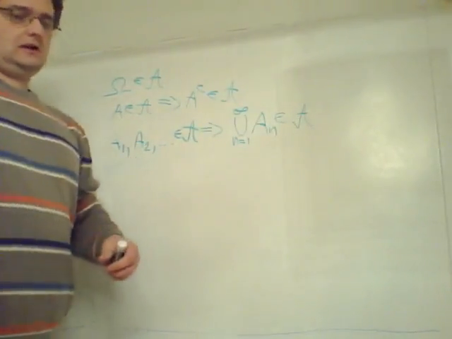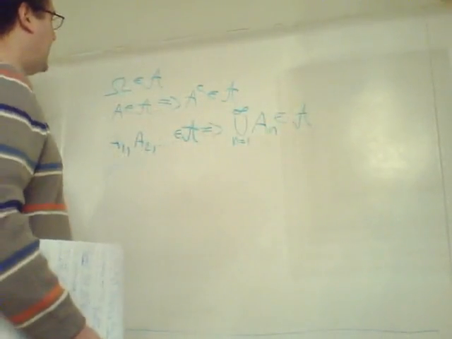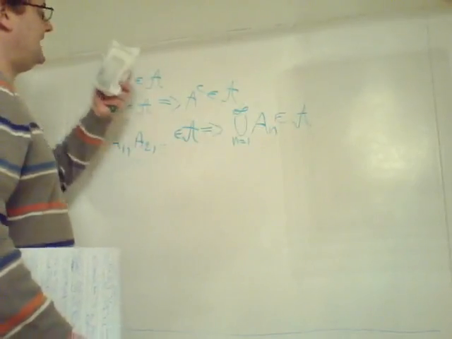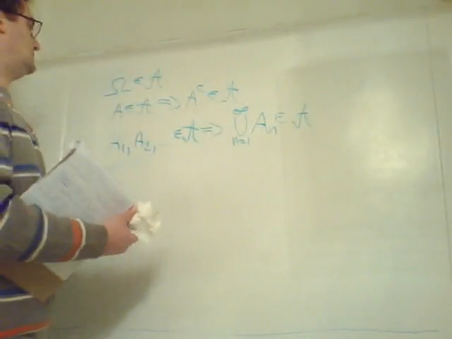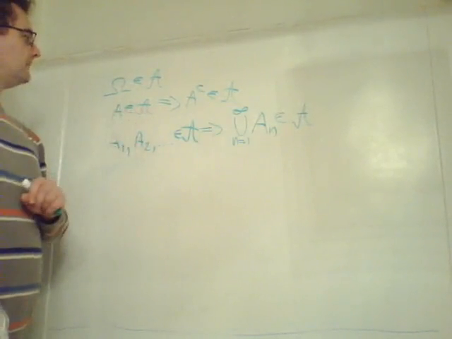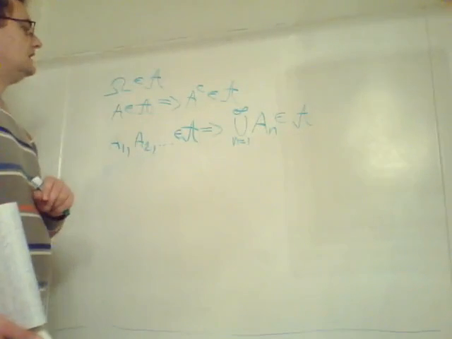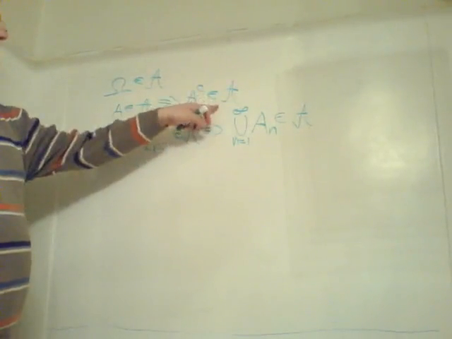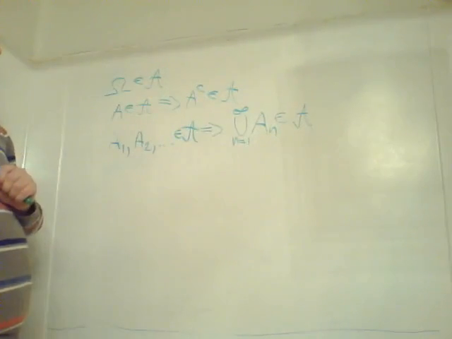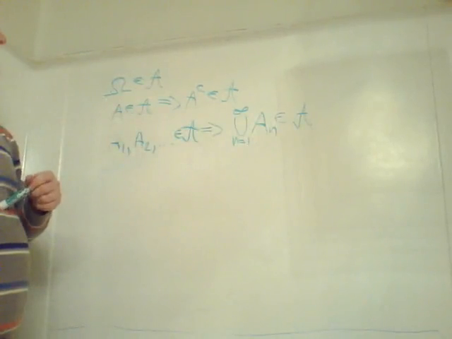So that's what we had 2 weeks ago, and it's easy to see that if A is non-empty, that means there is at least one set A in the domain of P. Then also a complement is in A by this requirement or this axiom, and so is the union.